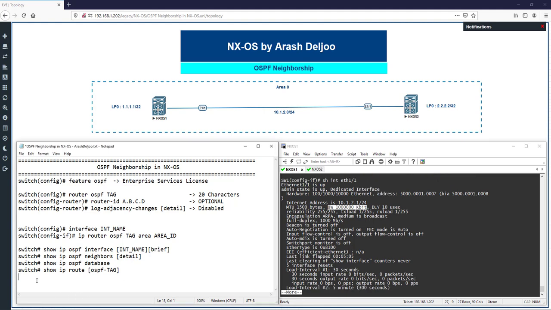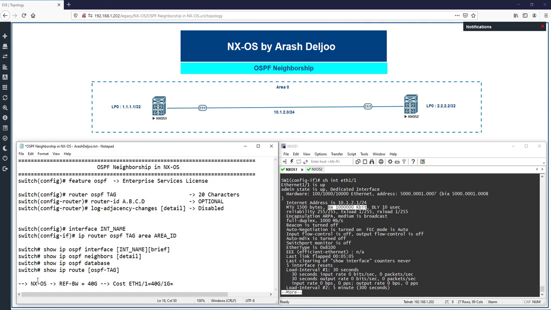In OSPF in NX-OS, let me explain this. We are using the auto-cost reference bandwidth of 40 gigabits per second by default. In IOS, we are using 100 megabits per second. Because of that, for an interface with 1 gigabit, the cost of Eth1/1 now is 40G over 1G, because this is the 1G interface and the auto-cost is 40G.